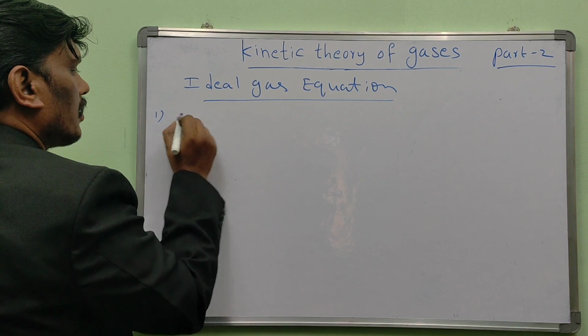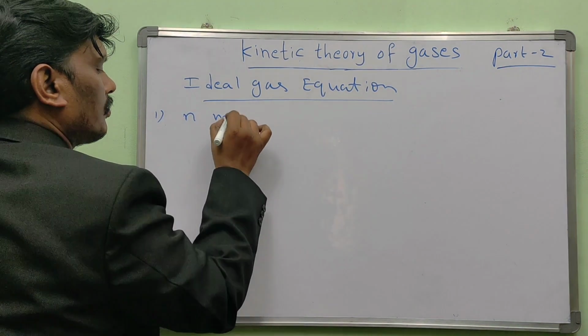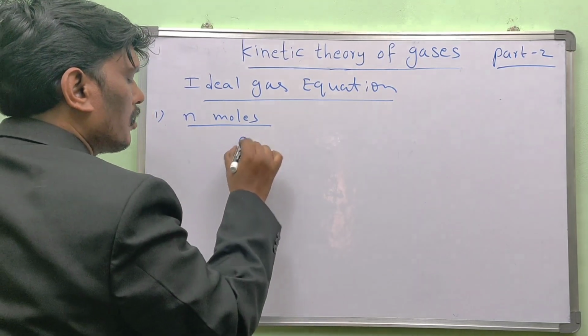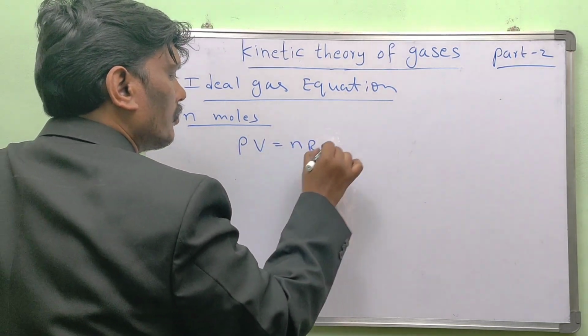Generally, if I am going to consider n moles, what is the ideal gas equation? PV is equal to nRT.